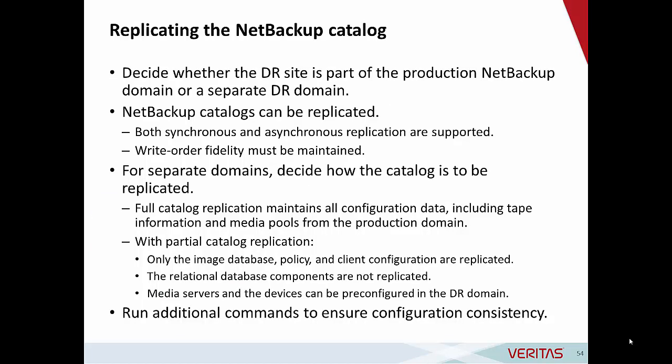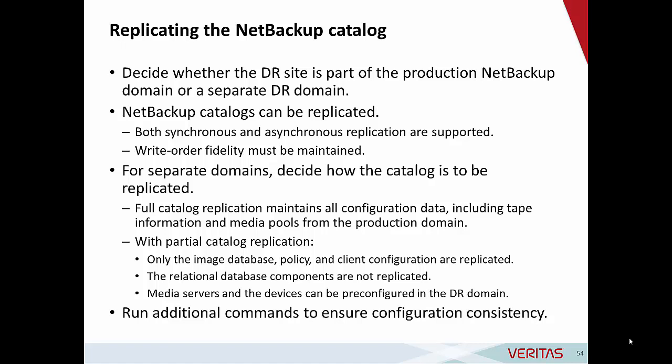An alternative to the traditional procedure of rebuilding a NetBackup master server in the case of a failure would be to use replication. In this case, I have my main master server, and then in the recovery site, I have a standby master server, and that has a replica of my NetBackup catalogs that's being continuously updated.